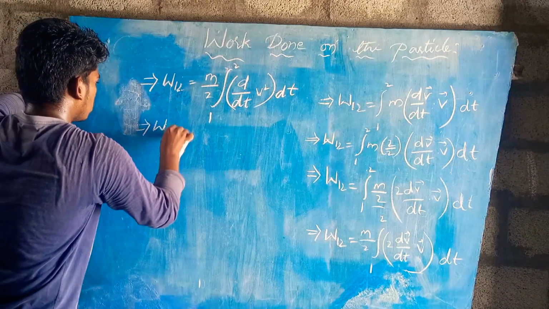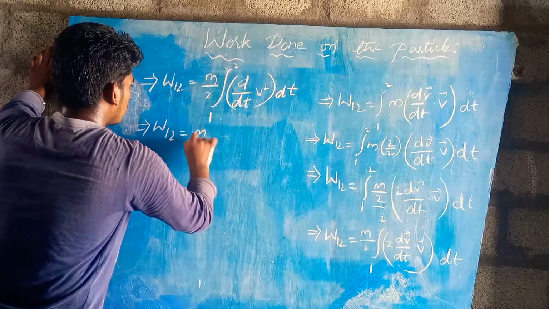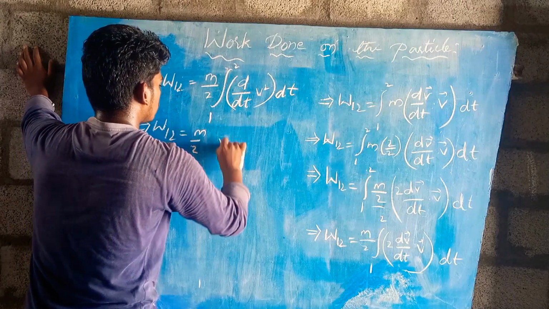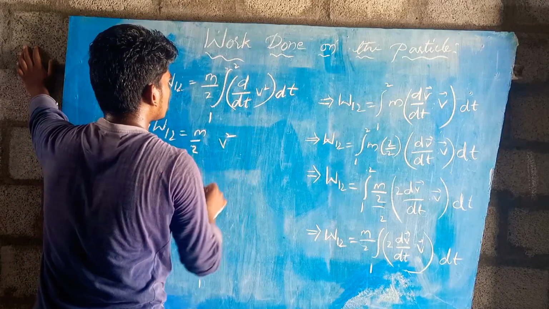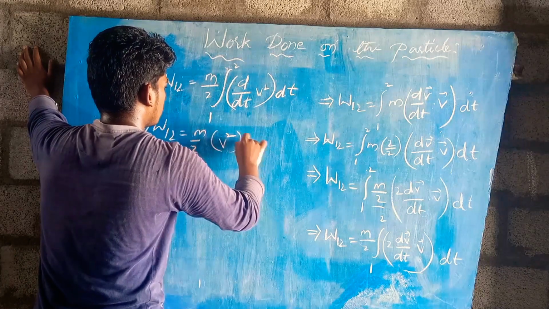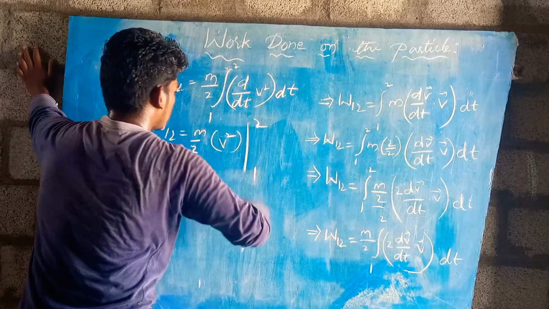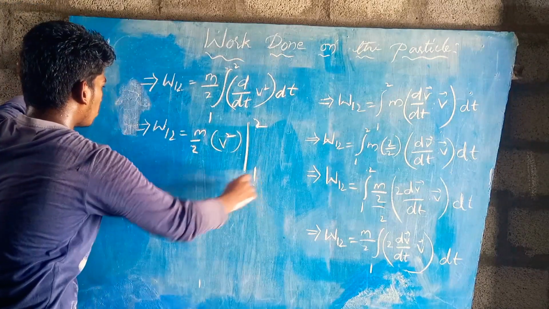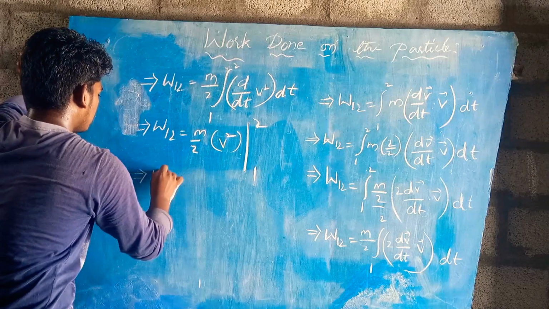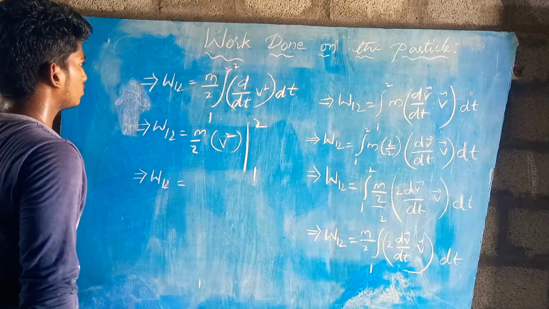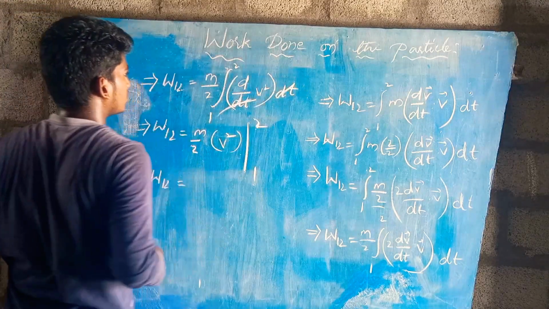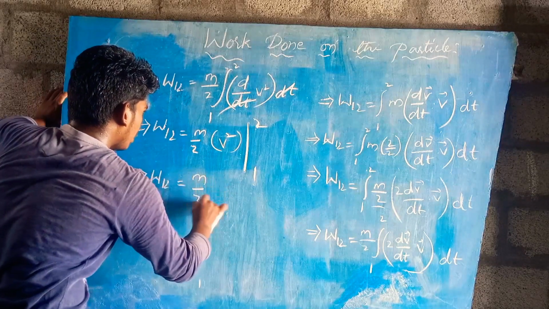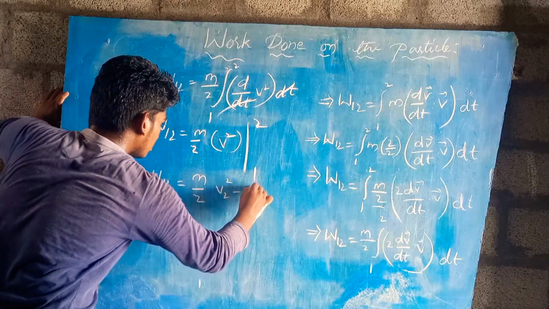That implies W12 is equal to m by 2 v square, upper limit 2, lower limit 1. That implies W12 is equal to m by 2 (v2 square minus v1 square).